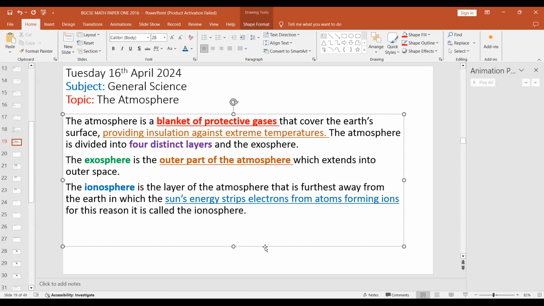Next, by the way, let me just show you the ionosphere.